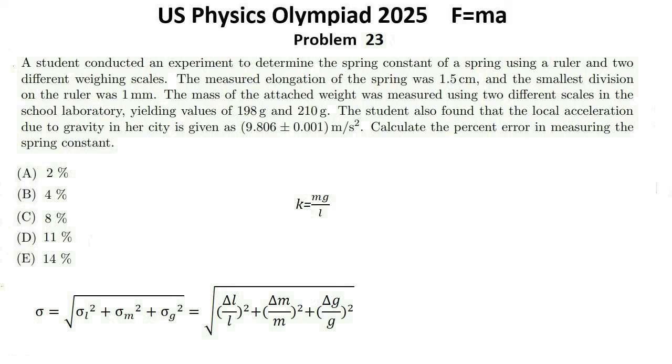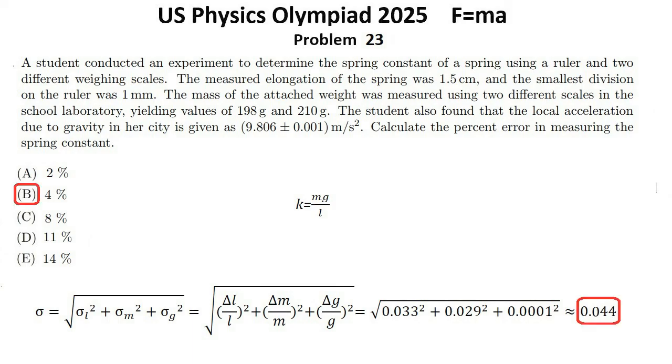Delta m, the measurement error of the mass, will be the difference in mass in half, and the mass m is calculated as the arithmetic mean of the 2 measurements. And for g, we have an error of 0.001 meters per second squared, and g itself is 10 meters per second squared. As a result of simple calculations, we obtain a relative error of 0.044, which is closest to the answer B. This was the solution to problem 23.